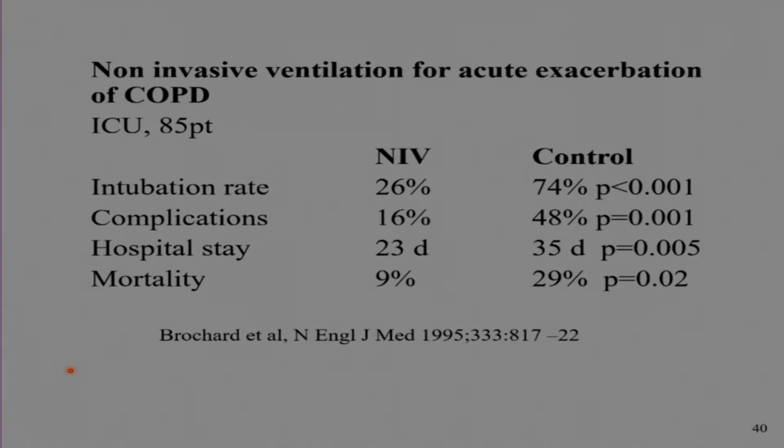It clearly indicated that the intubation rate is reduced in patients with non-invasive ventilation. Complication rates were fewer, hospital stay was shorter, and the mortality rate was also lower. The only thing we need to note is that the trial was conducted in an ITU, an intensive care unit environment. So non-invasive ventilation worked in the intensive care unit, and it was clearly demonstrated.